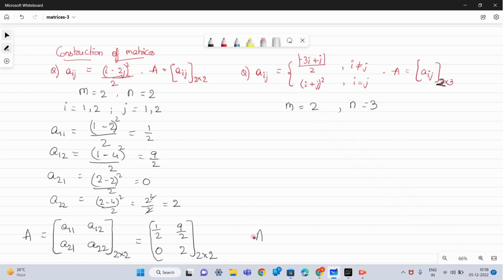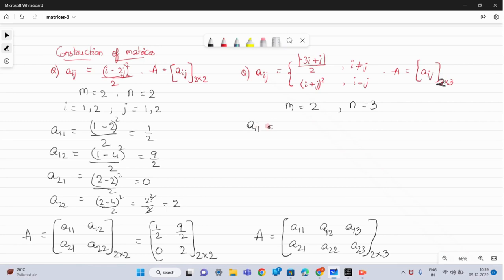So here A will be 2 rows, right? a11, a12, and a13 because 3 columns. a21, a22, a23, 2 rows and 3 columns. So let's find all these 6 elements.